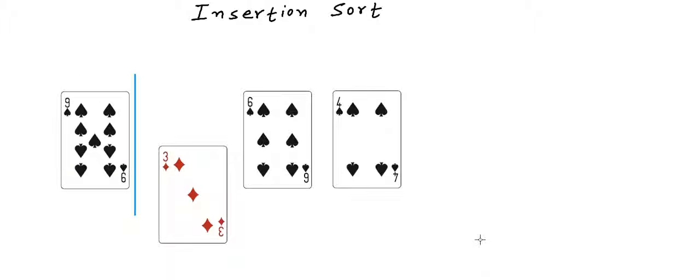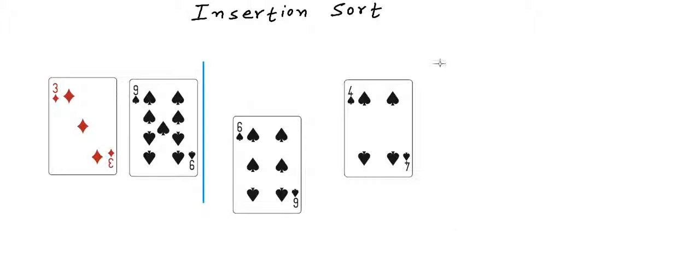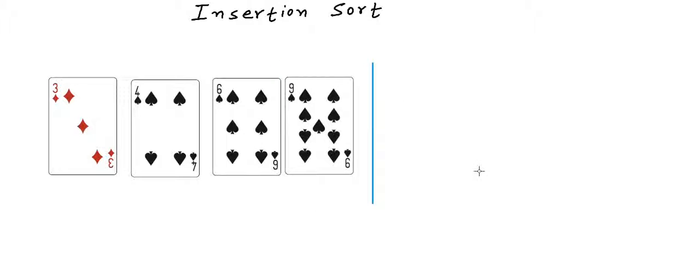Now we pick up the next card from the unsorted part. It's 3. It will be inserted before 9 in the sorted part. Now we'll pick 6, and 6 must be inserted between 3 and 9. And finally we will take 4, and 4 must go between 3 and 6. We are done once our unsorted subset is empty.